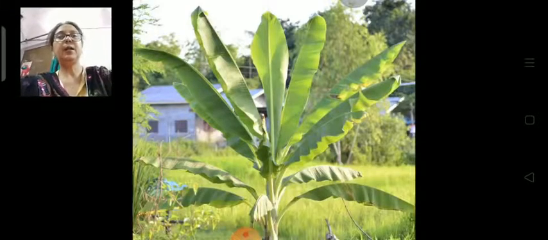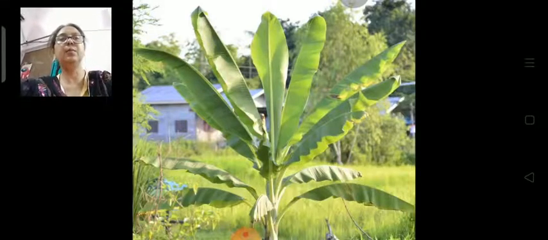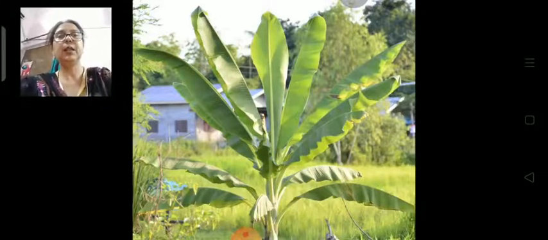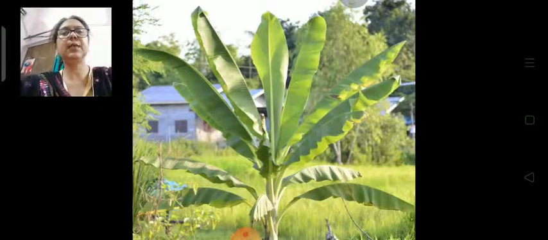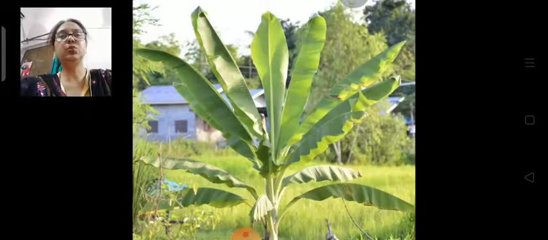After a plant has fruited, it is cut down to the ground because each trunk produces only one bunch of fruit. The dead trunk is replaced by others in the form of suckers or shoots, which rise from the rhizome at roughly 6-month intervals.